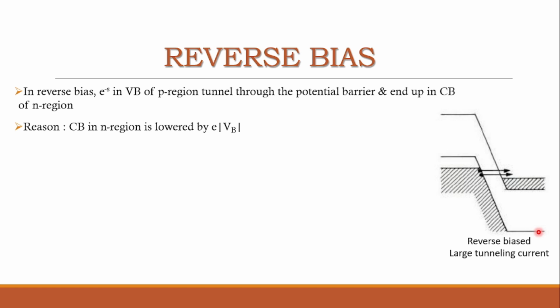So as there is a movement of charges or flow of charges, we can say that current will be observed. So an electrical current flows because of tunneling.